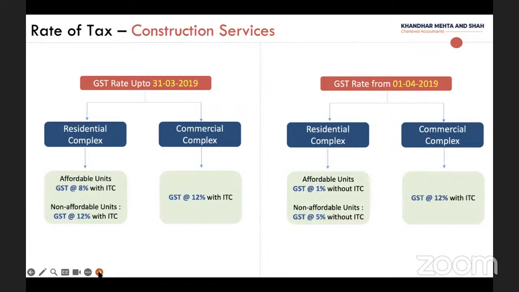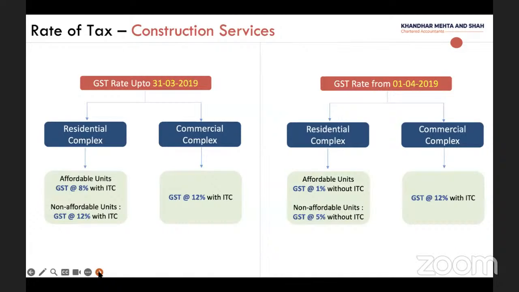So that 12% plus 6% or 5% of stamp duty resulted in an escalation of 18% over and above the price of a particular unit. Then it was appealed before the government that this is too high for a residential unit. So from 1/4/2019, the government came out with 5% without ITC, and for affordable units, 1% without ITC.